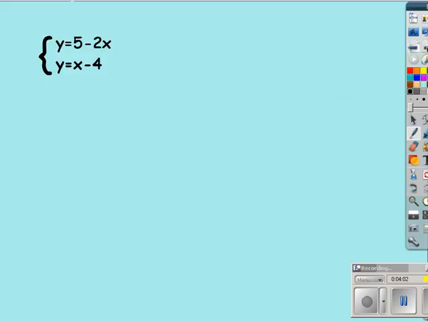We've got my system of linear equations, y equals 5 minus 2x and y equals x minus 4. So I'm going to use this substitution method to solve for x and y. So I'm going to look at these two equations separately again. Pull them out here. All right. So I've got my two equations. Again, y equals x minus 4. So they mean the exact same thing.